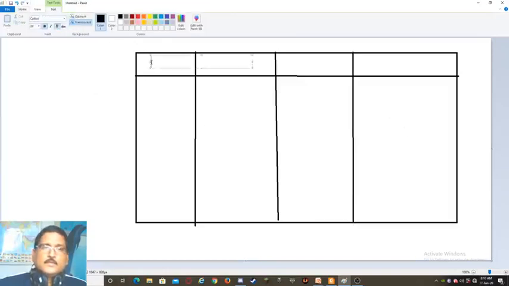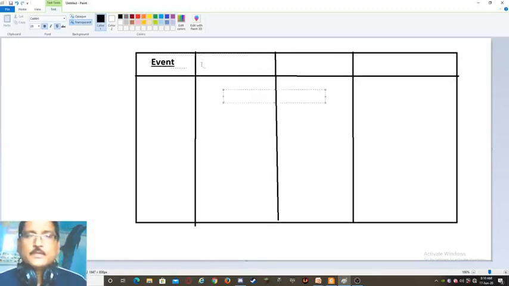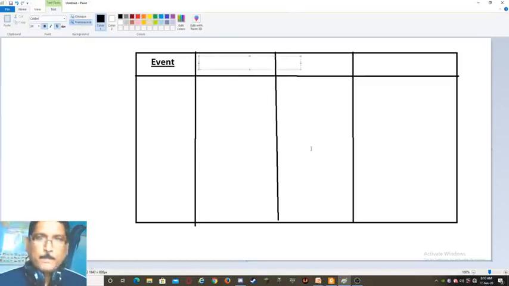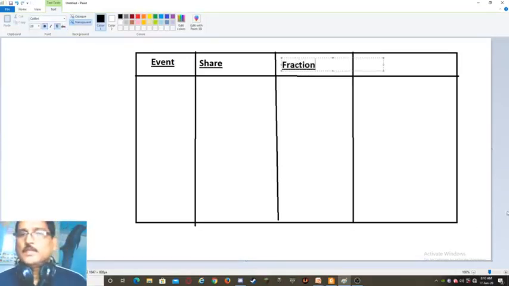Write down item or event, anything you can, event, share, then fraction, then central angle.